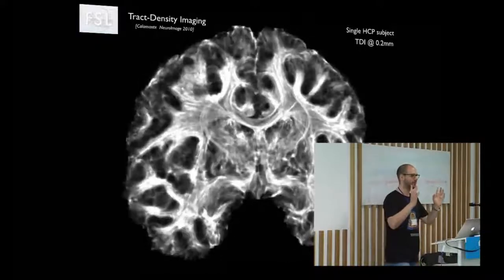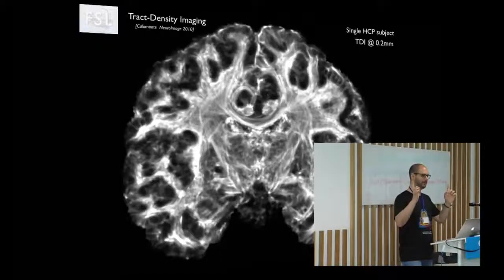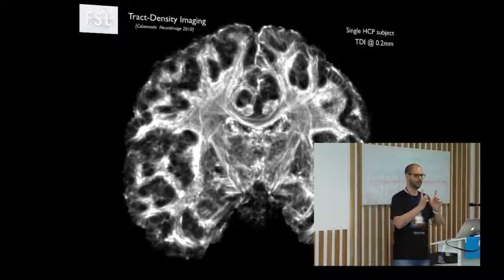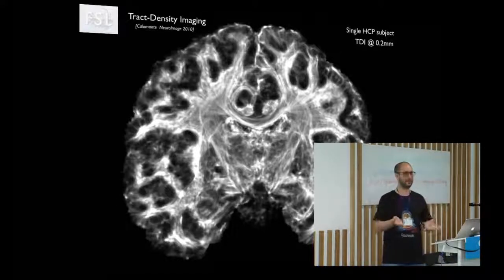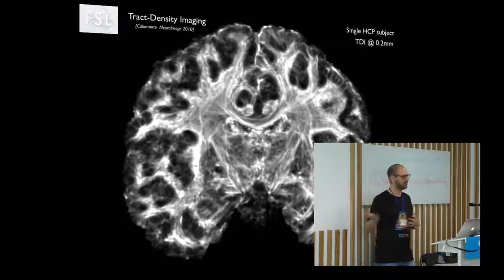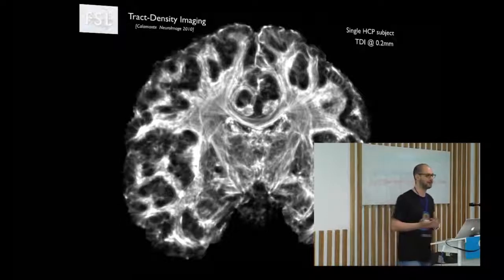You resample your data set from, let's say, 2 mm isotropic to 200 micron cubes, and you once again count the number of streamlines that pass through that nicer grid. This is the main thing that track density imaging does. It regrids your original results.